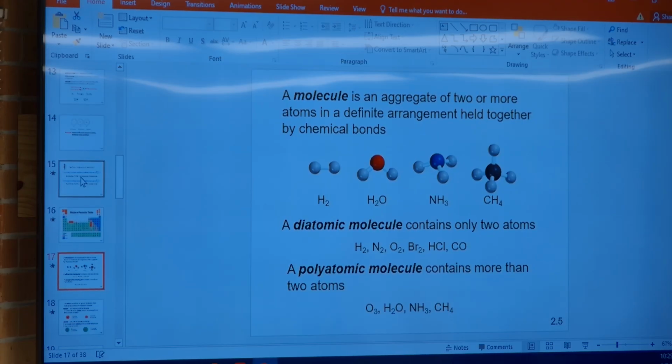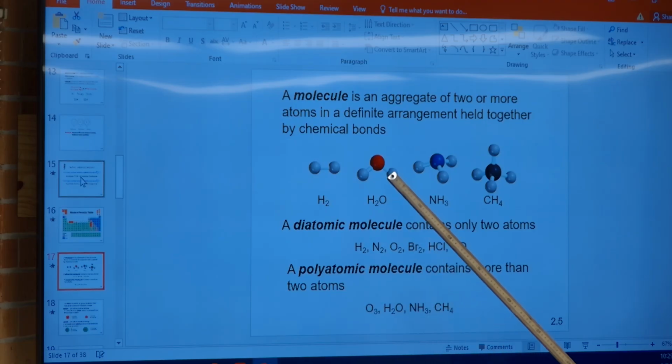Here I give you some examples. 2 hydrogen atoms, we use a small ball. For hydrogen we use gray color. A small ball with gray color is a hydrogen atom. Bonded to each other through a chemical bond, we use a short stick. Like this, 2 hydrogen atoms bond with 1 oxygen atom. Oxygen uses red color, through 2 chemical bonds.